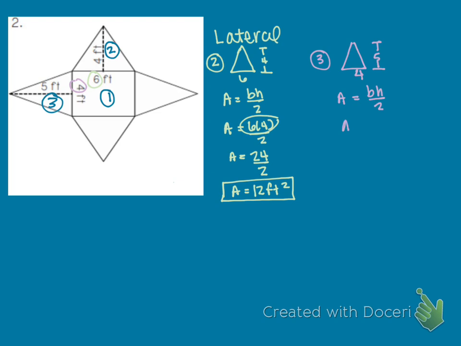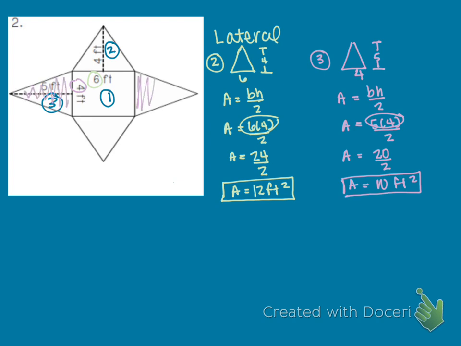So then we have area equals 5 times 4 divided by 2. Of course, our first step according to order of operations is 5 times 4, which is 20, divided by 2. And then 20 divided by 2 is 10 feet squared. Okay, so that's this one.